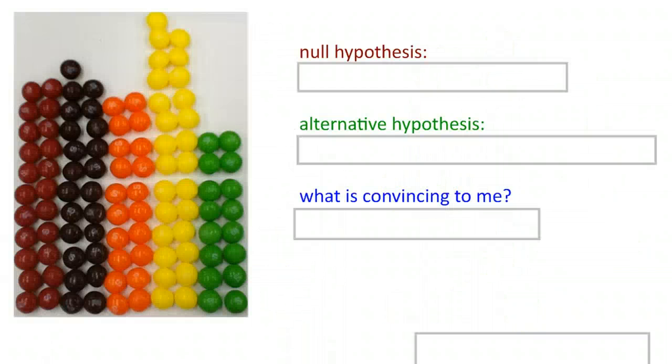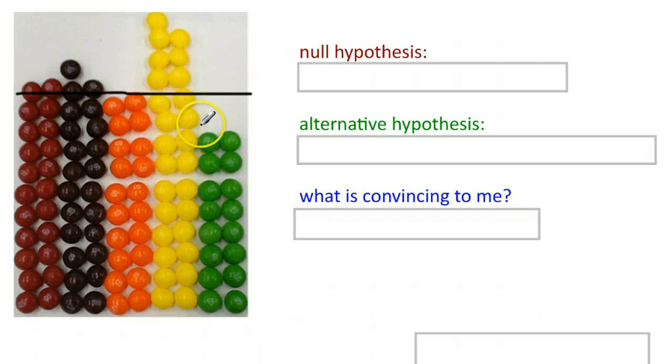Now let's take that same approach with our Skittles. Our null hypothesis is not the thing that we're trying to prove, it's the default assumption, the thing that you would generally expect. And in this case, we're going to give them the benefit of the doubt in the null hypothesis that all bags of Skittles come with 20% of each color.